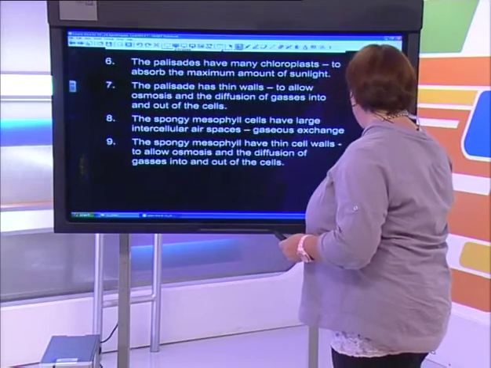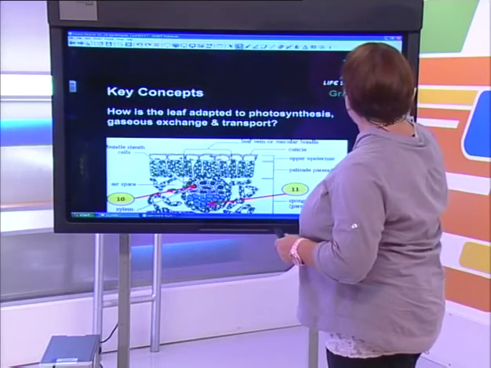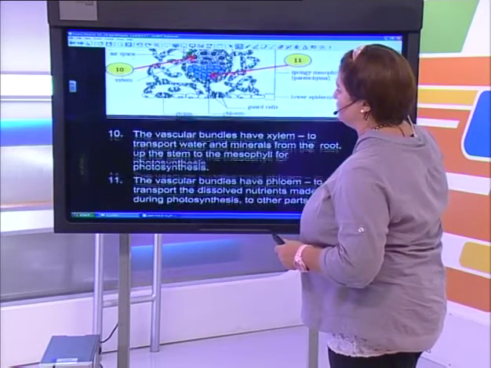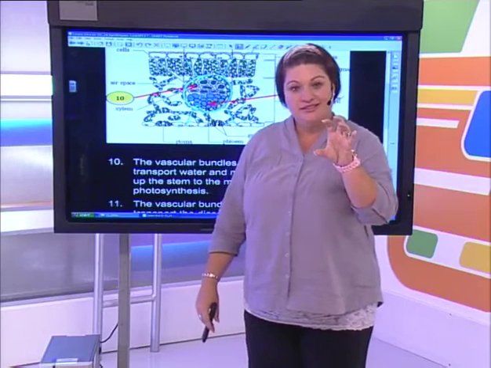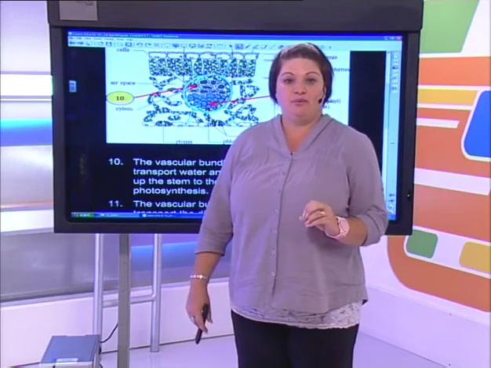Then we look at our last adaptation, which is for transport. As we said earlier, the vascular bundle. When we look at the vascular bundle, this tissue over here that I want to highlight, sometimes you'll have tissues that come in here. The main vein needs to stay open.